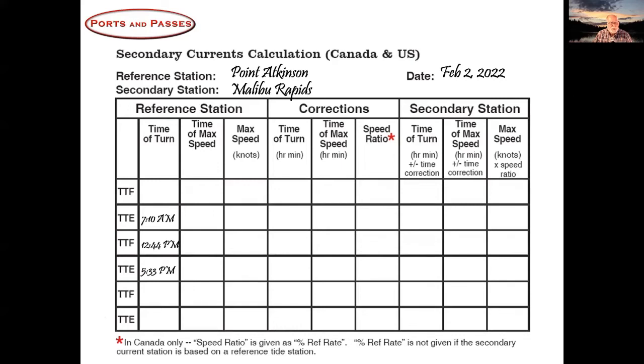Remember, the turn to ebb occurs at high water slack and turn to flood occurs at low water slack. We then enter our corrections from the secondary tables, and we do the math. This gives us the time of slack water at Malibu Rapids. We can't get a lot more information than this because it's referenced to a tide table and not to a current table. You'll find this is fairly common in the north coast of British Columbia.